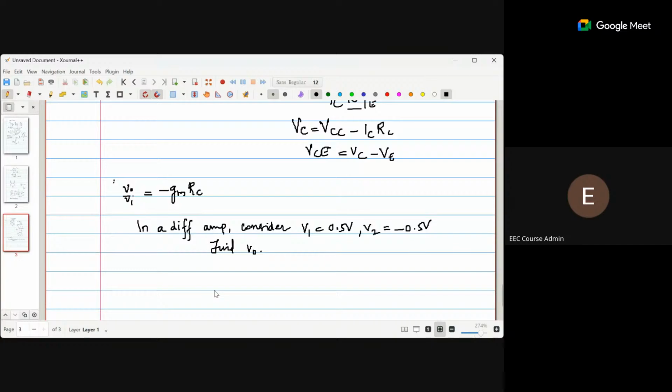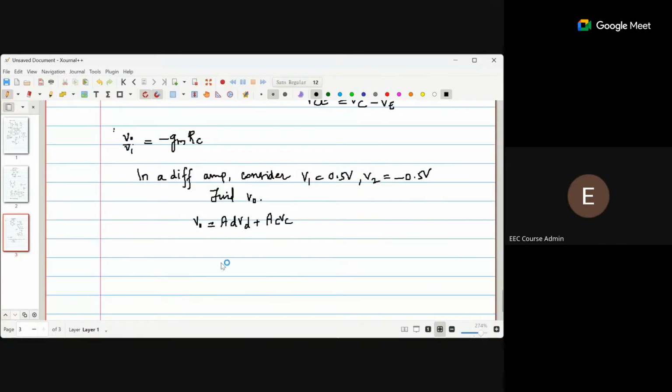Yeah, so here what do you see? VD, you will be having the difference between the input voltages, which will be 1 volt, and VC will be 0.